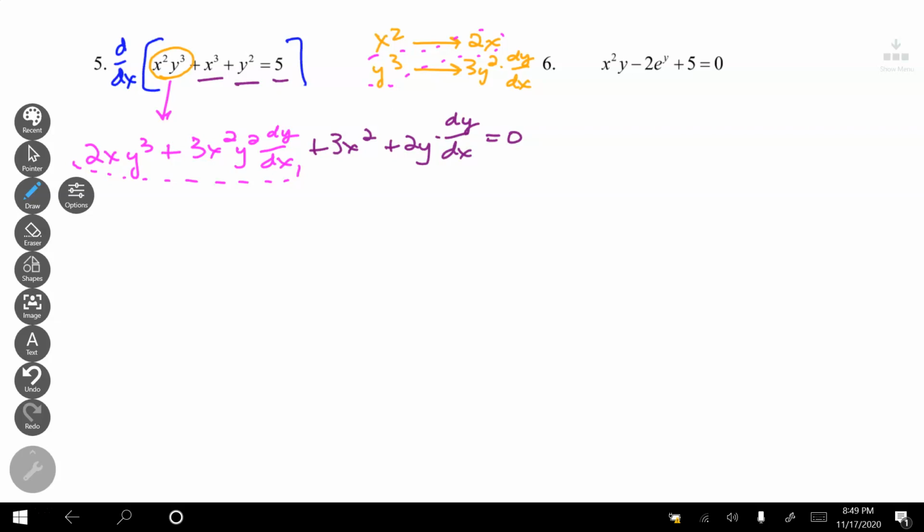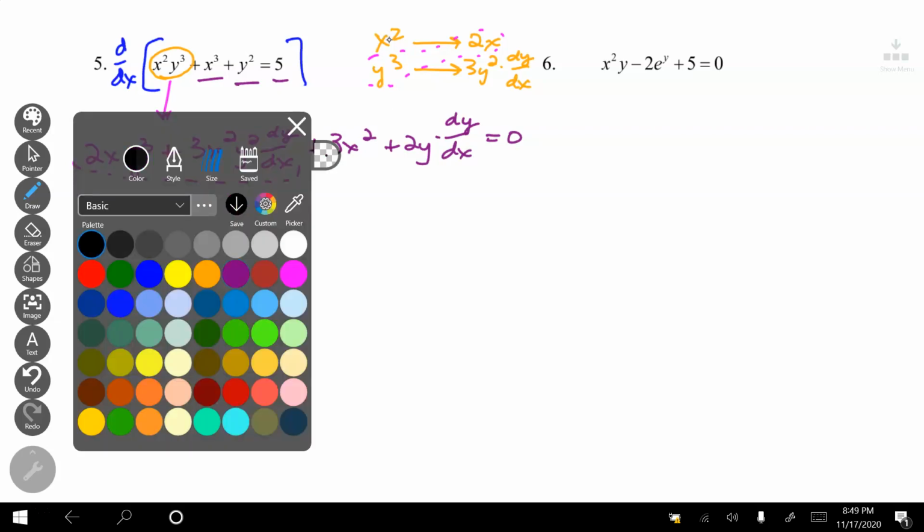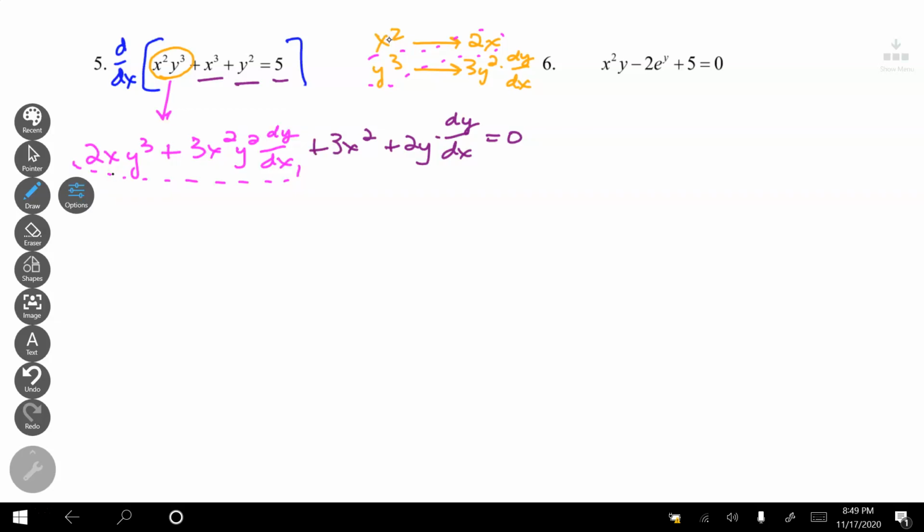Okay, now it's time to reorganize. Y prime, no. He has to move. Y prime in this term stays. Y prime, no, it's got to move. Y prime, yes, stays. And when I do to one side, I do to the other.